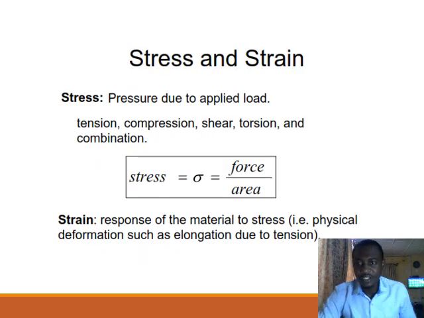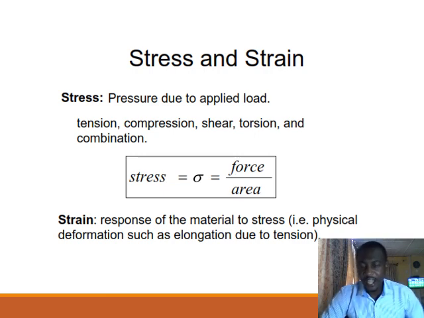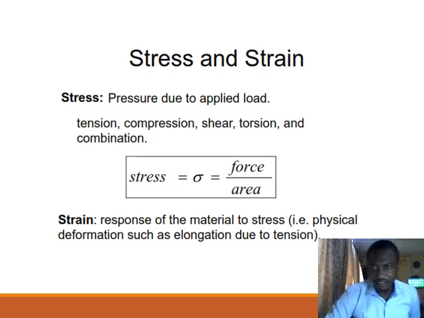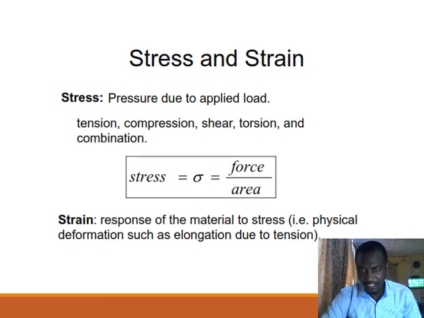So let's start with stress and strain. So basically, in understanding the mechanical properties of a material, we are trying to understand the response of a material to an applied mechanical load. So usually when you apply mechanical load to a material in whichever form it may be, the material will definitely respond.